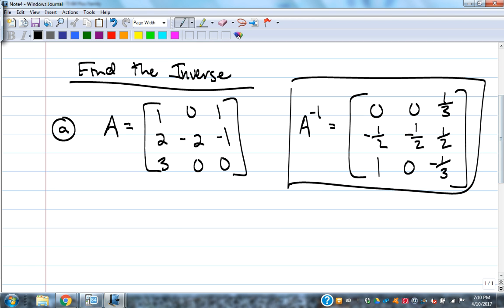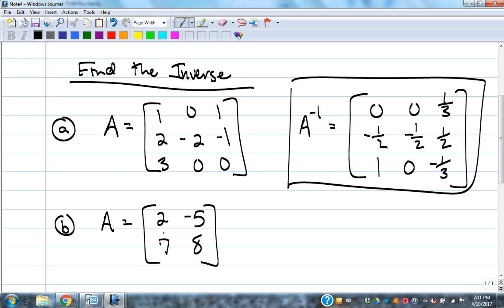Let's do example B. Find the inverse of this matrix, and we'll do a 2 by 2. Let's do 2, -5, 7, 8. And to find the inverse, it's got to be a square matrix anyway. Just like find the determinant, it has to be square. It'll be same rows, same columns.